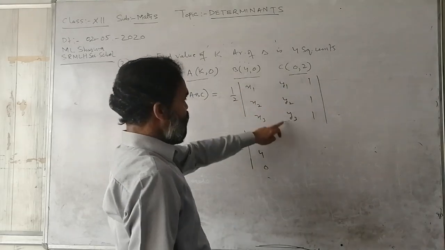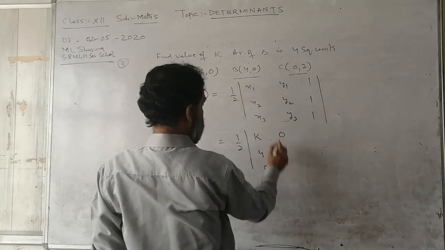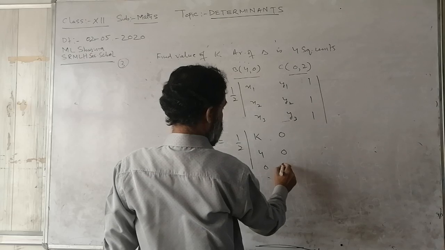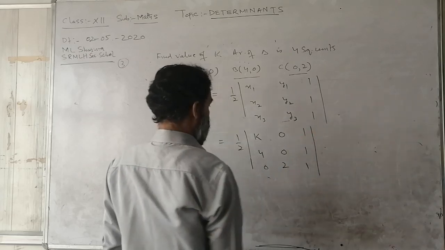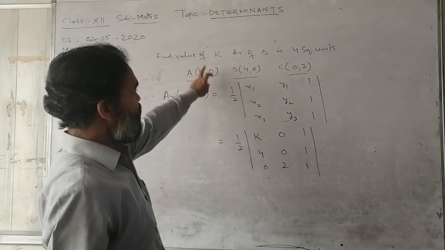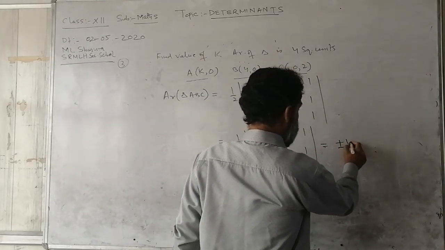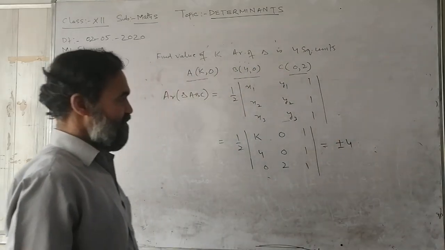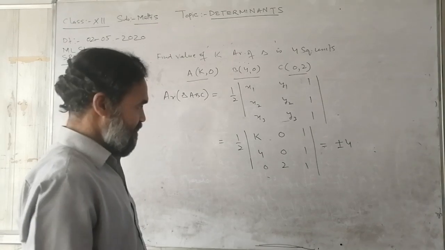So y1, y2, y3 in this place, 0 here, again 0 here, 2 here and 1, 1, 1. So this area is given as 4. I can write this as equal to plus minus 4.